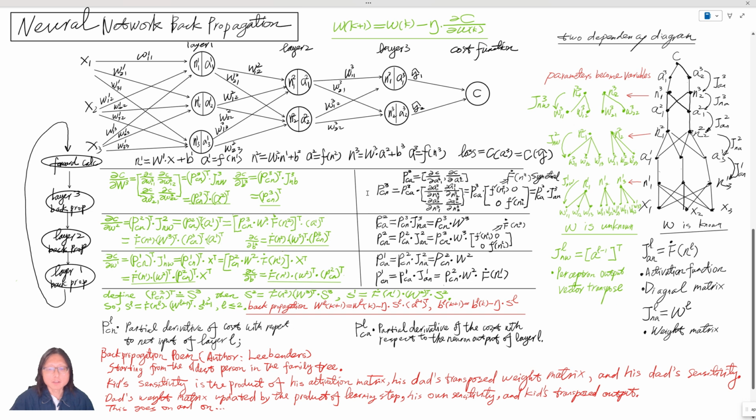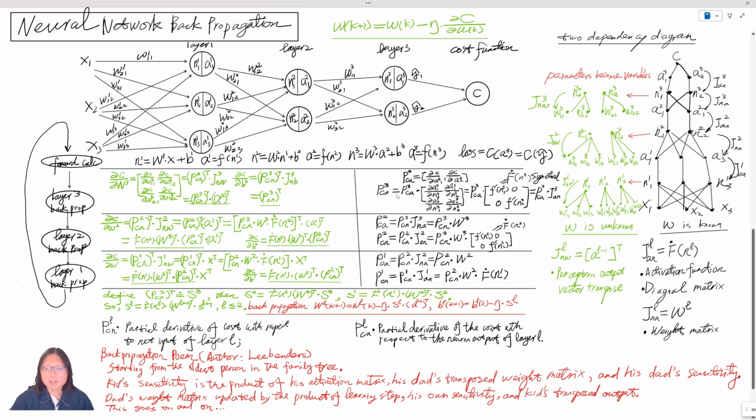The last layer is special, because the partial derivative of the cost with respect to the neuron output is very easy to calculate. You designed the cost function, and it has a very simple, direct relationship between the neuron output and the cost function. So you can very easily get the partial derivative of the cost with respect to the last layer's neuron output.